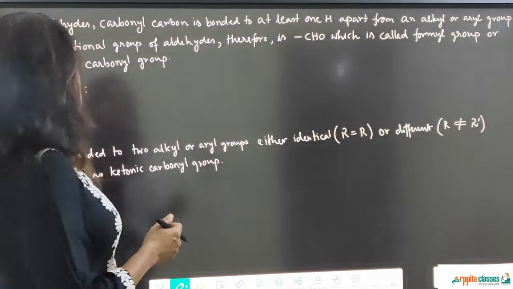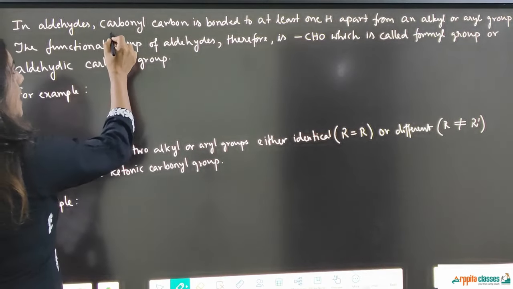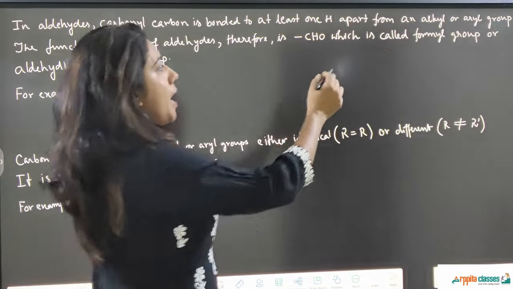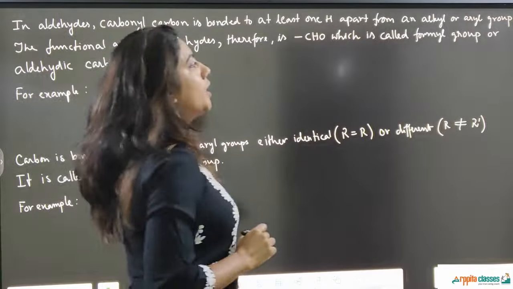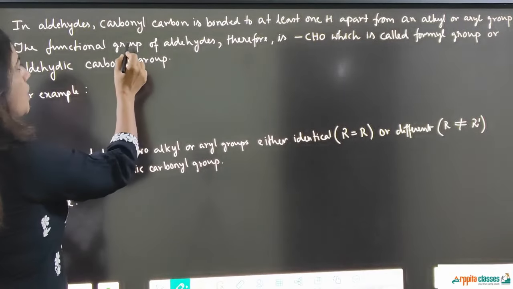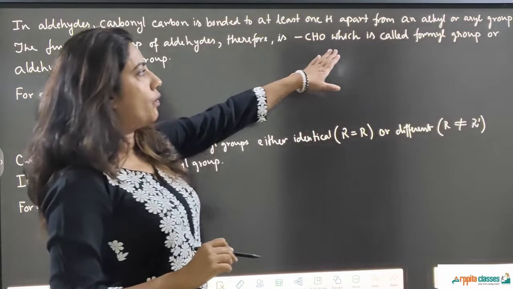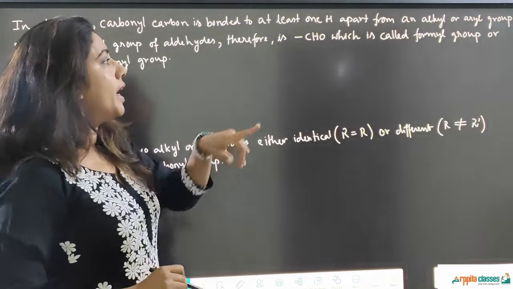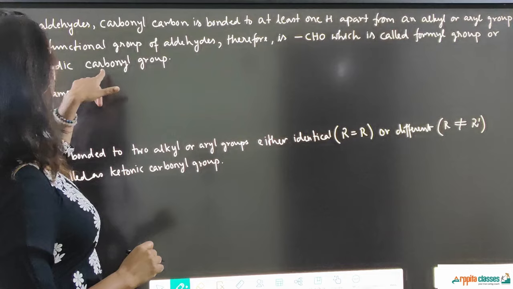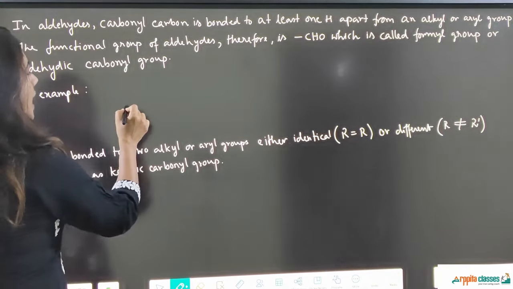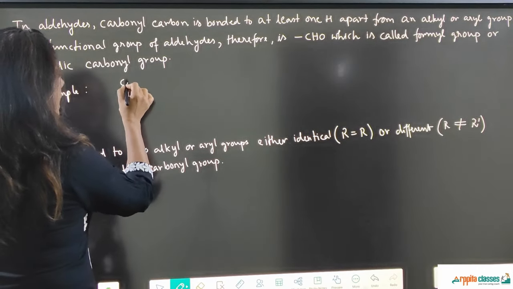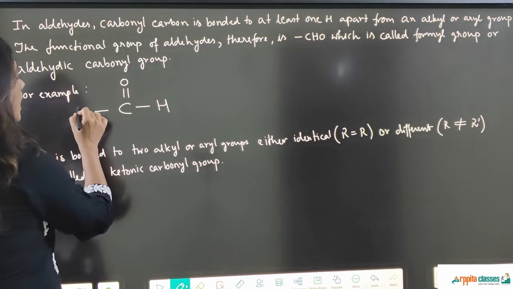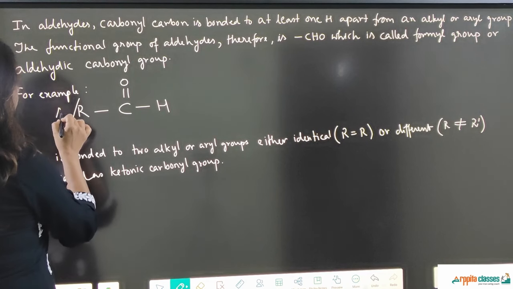So see what we have written over here. In aldehydes, the carbonyl carbon is bonded to at least one hydrogen apart from one alkyl or aryl group. Okay, the functional group of aldehydes therefore is CHO, which is called formyl group. CHO is also called formyl group, or aldehyde carbonyl group. So what they are saying, the aldehyde group is bonded to at least one hydrogen apart from the alkyl group here or aryl group here.